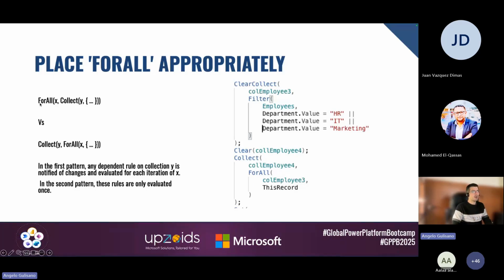But in this case, ForAll is executed for each row of X. Another approach is to Collect Y and put ForAll inside: Collect Y, then ForAll X and do something. In the first pattern, any dependent rule on the collection is notified of changes and evaluated for each iteration. In the second one, all rules are evaluated once. So it is the better approach.